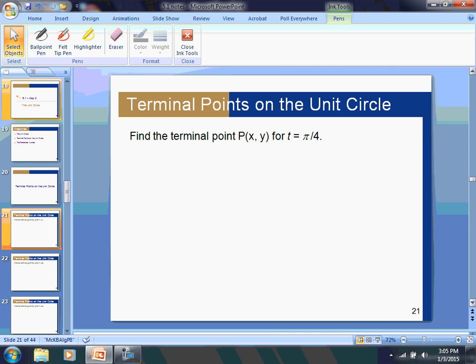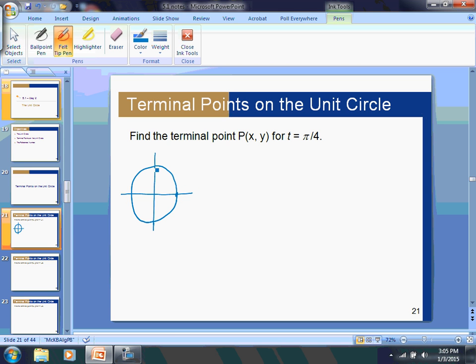Okay, now if you remember from the previous section of notes, the terminal points on our unit circle, if we just draw a little axis here, and we've got our unit circle that goes around. We're going to focus mostly on the first quadrant here. Okay, so we've got our terminal point there, which is 1, 0.